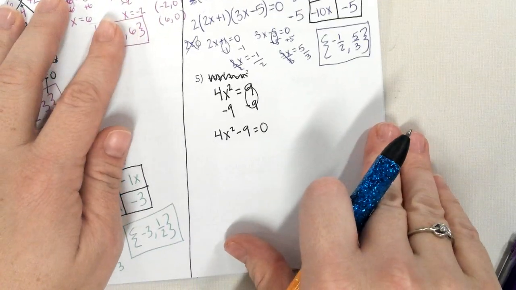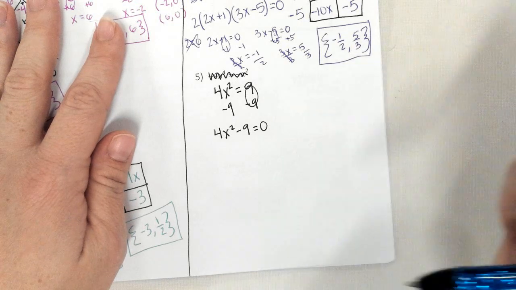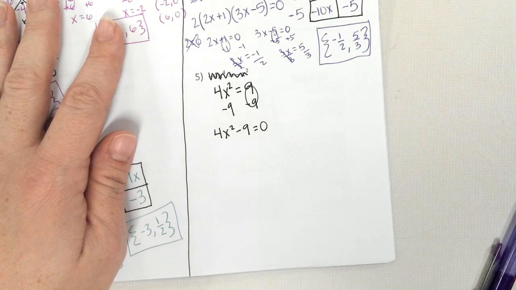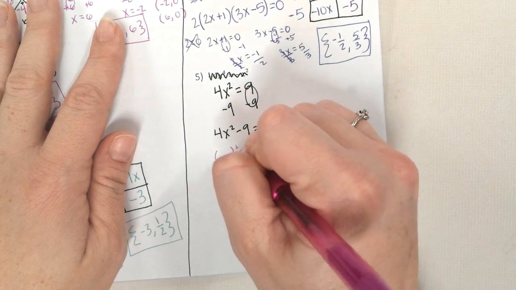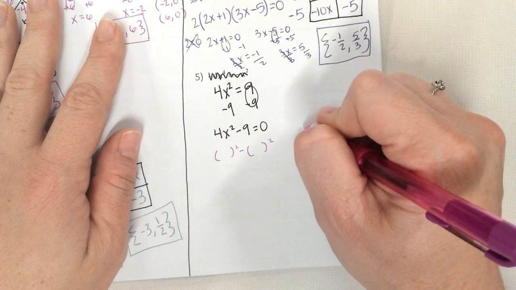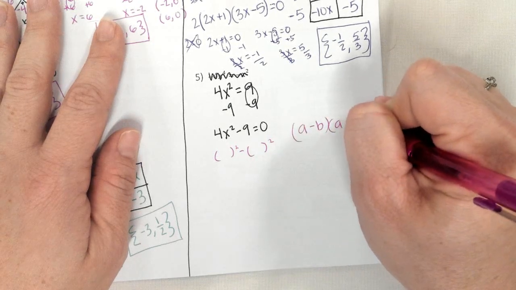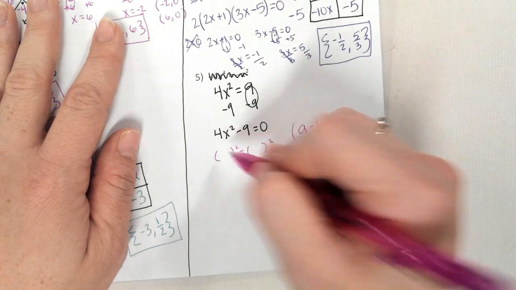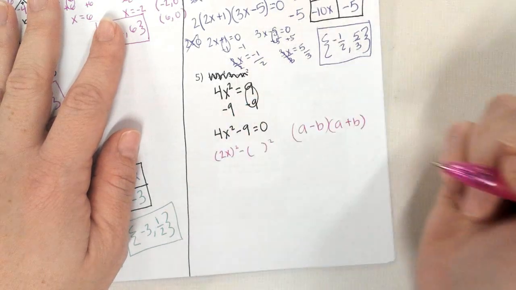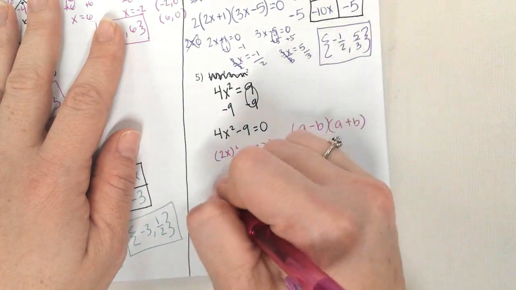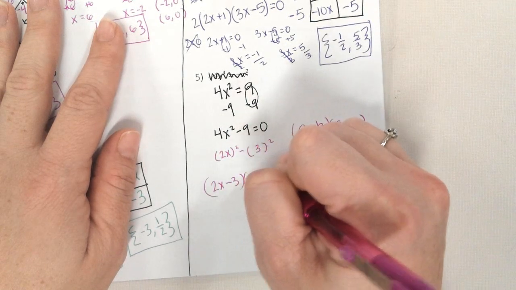Well, I could do a, b, and c. B would be 0. But what else could I do here? It's a perfect square minus a perfect square, right? What squared minus what squared? Remember, we have a minus b, a plus b for this formula. So what squared gives me 4x squared? 2x. And what squared gives me 9? So I have 2x minus 3, 2x plus 3.